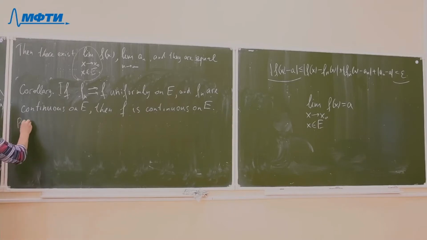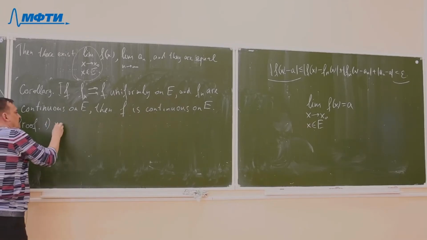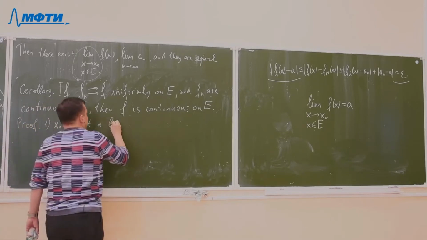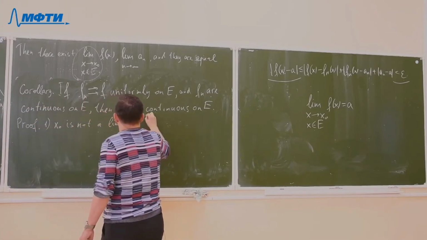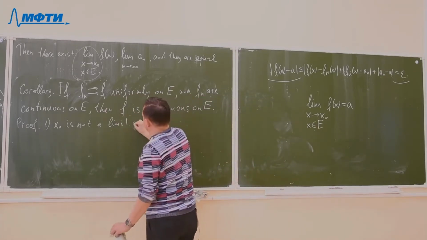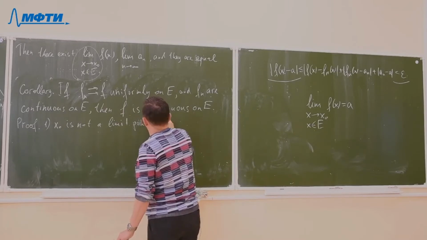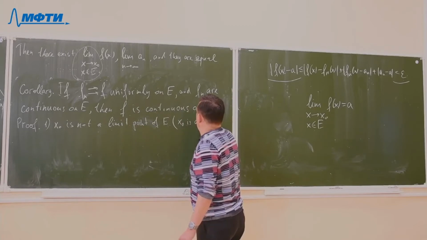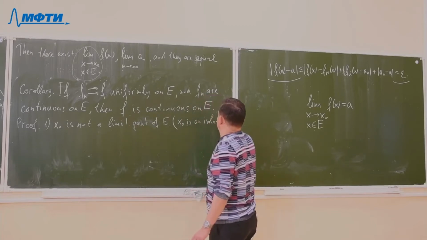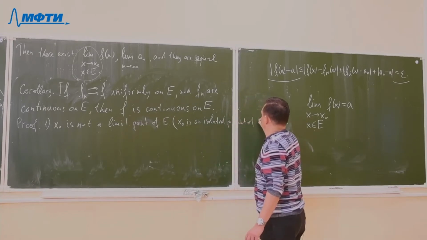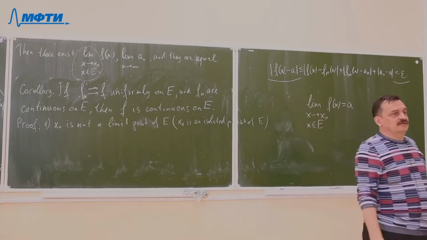Okay, let's prove it. How? Prove it at a point x naught. First case, x naught is not a limit point of E, or what's the same, x naught is isolated. Then we don't need to prove anything.